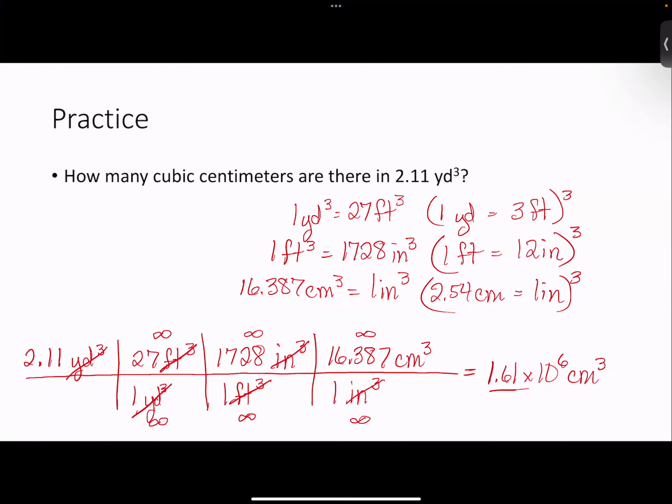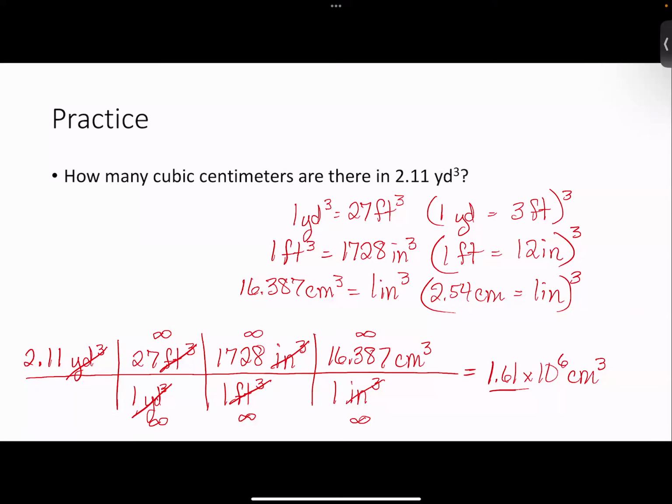One thing you may note, probably the simplest thing: 99% of the time, these conversion factors are going to have more significant digits than your original measurement. 99% of the time, you can base your significant digits off of whatever is in the question.